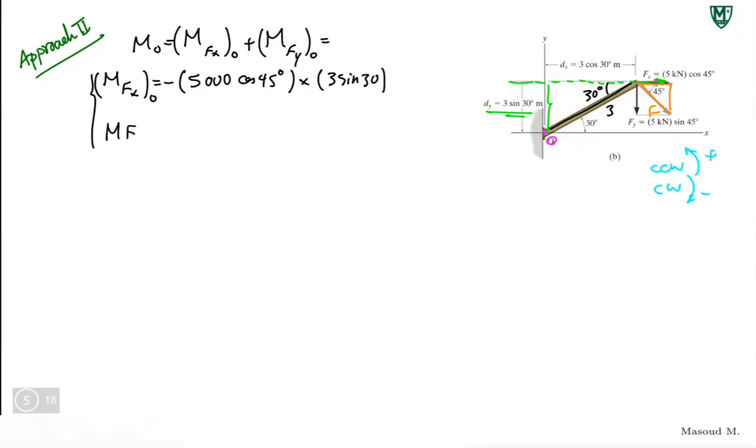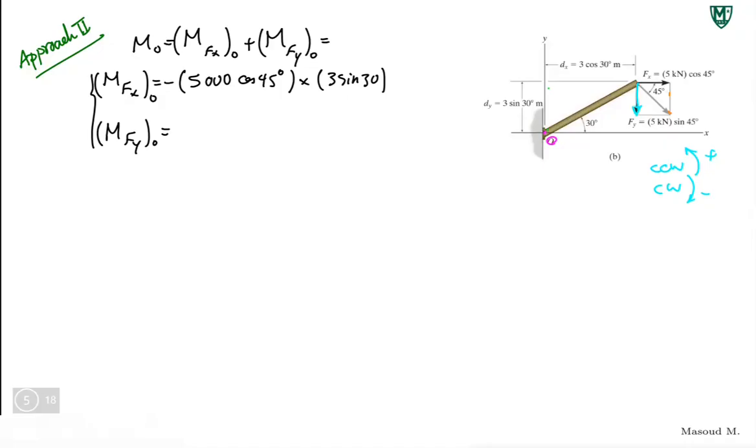Now, the moment of Fy about point O. Let's look at Fy. Forget about Fx now. Here is Fy. Now we have Fy in this direction, which is 5,000 sine 45 degrees in that triangle.